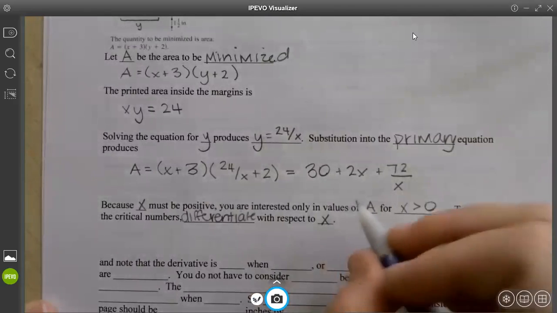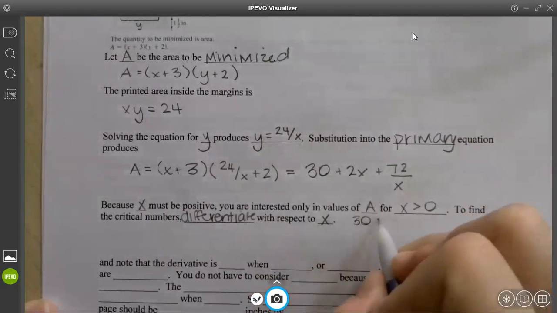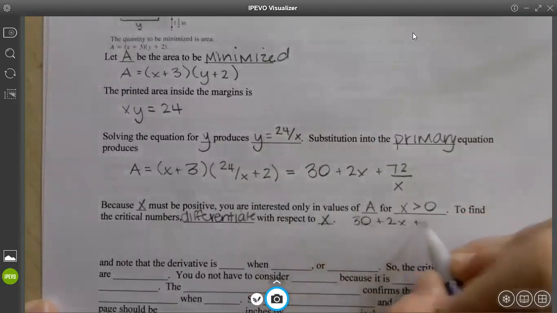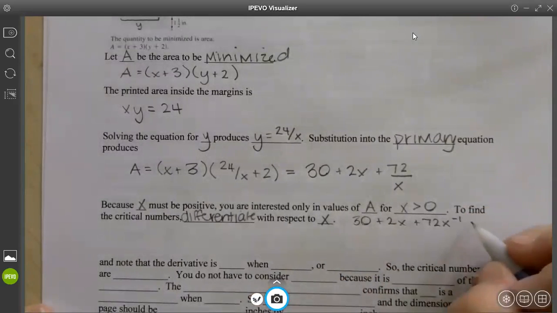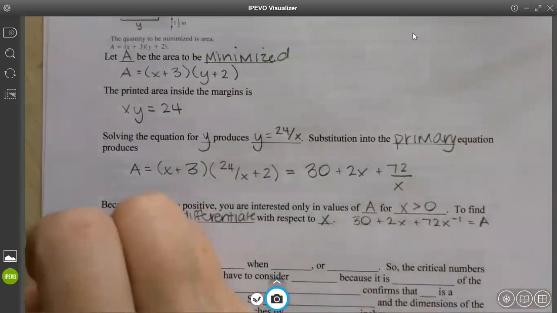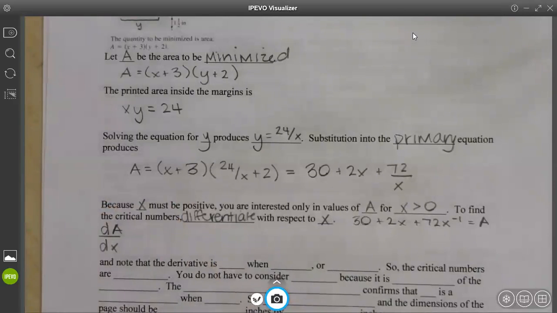If you're going to take this derivative, I would suggest that you write it like this. So then your derivative dA over dx is what?